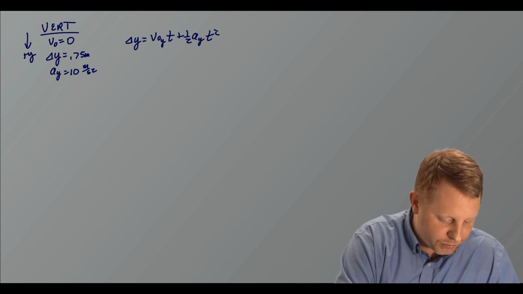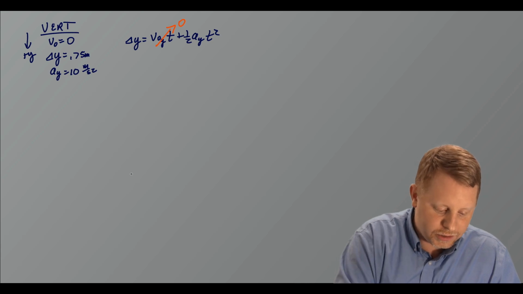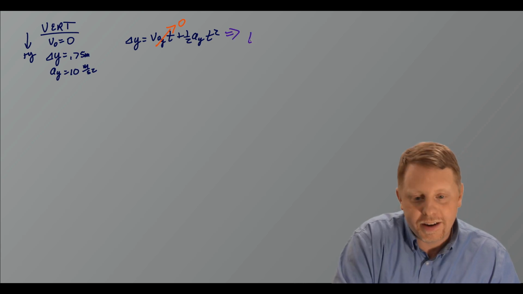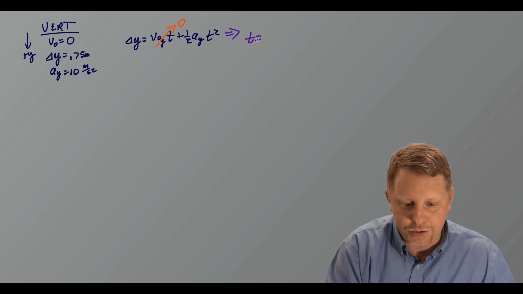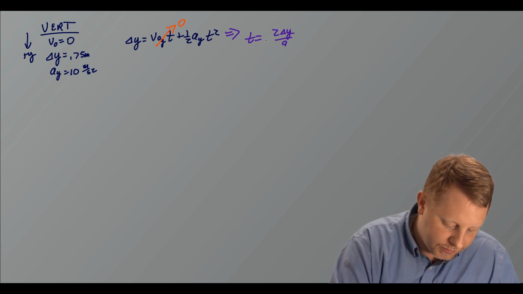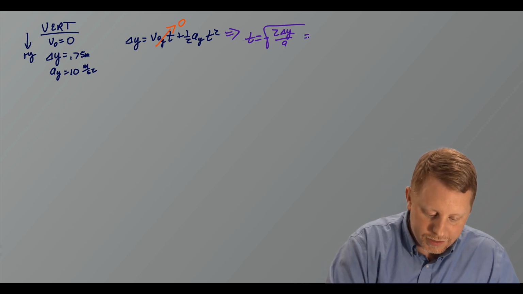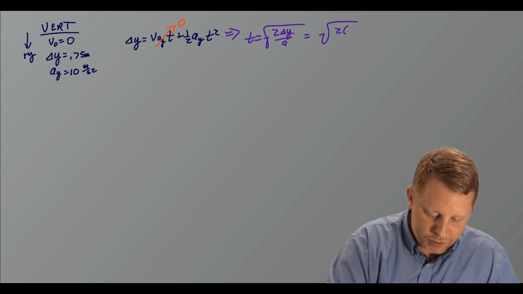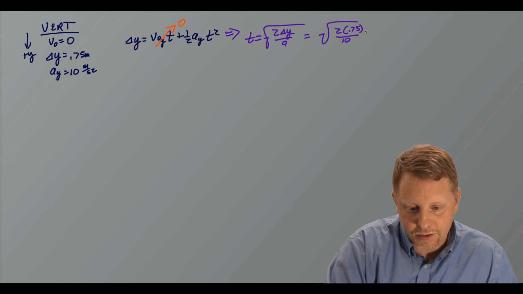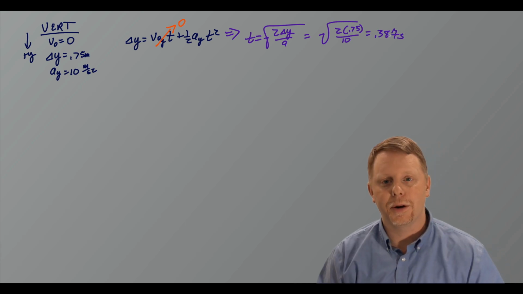And one of my favorite tricks here, v initial in the y direction is 0, so that whole term becomes 0. We can now rearrange this to solve for t and find that t is equal to the square root of 2 delta y over a, which is the square root of 2 times 0.75 meters divided by 10 meters per second squared, or about 0.387 seconds, the time it's in the air.